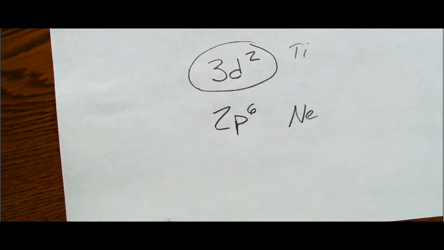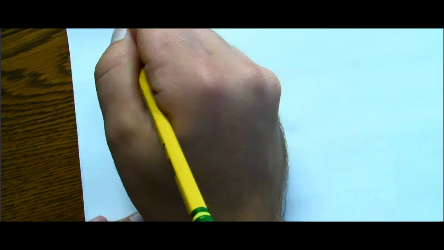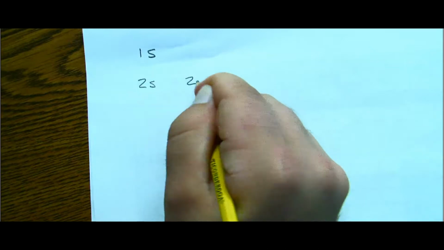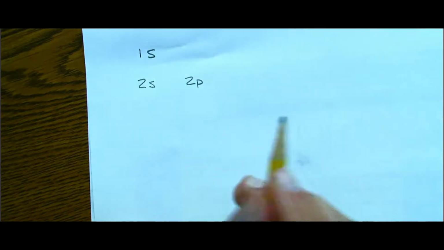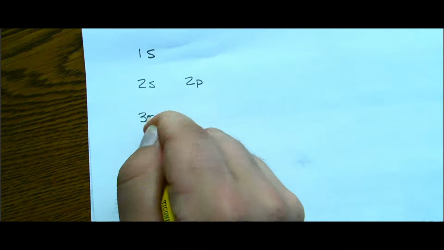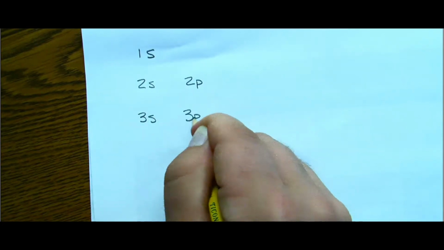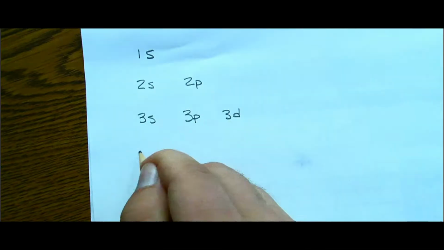Now, what I'm going to do is I'm going to draw a railroad track, just so you know the order of the elements, okay? So you always start with 1s. That's what you always start with, all right? Then you go to 2s and 2p, okay? Then you have a 3s, a 3p, a 3d, and I'm just going to write them all out.